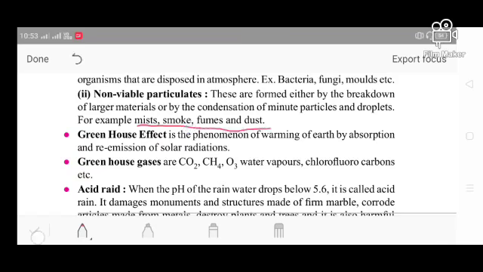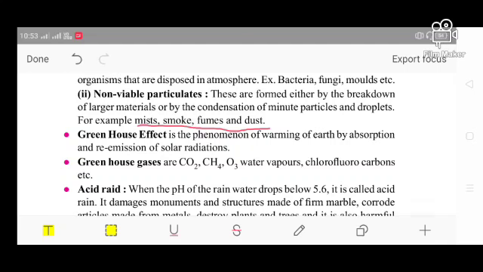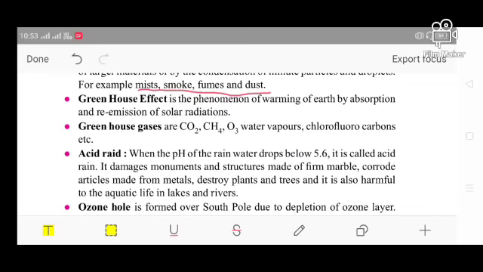After that, my dear friends, the greenhouse effect. Generally, global warming is caused by the greenhouse effect. So what is the greenhouse effect? It is the phenomenon of warming of the earth by the absorption and re-emission of solar radiation.